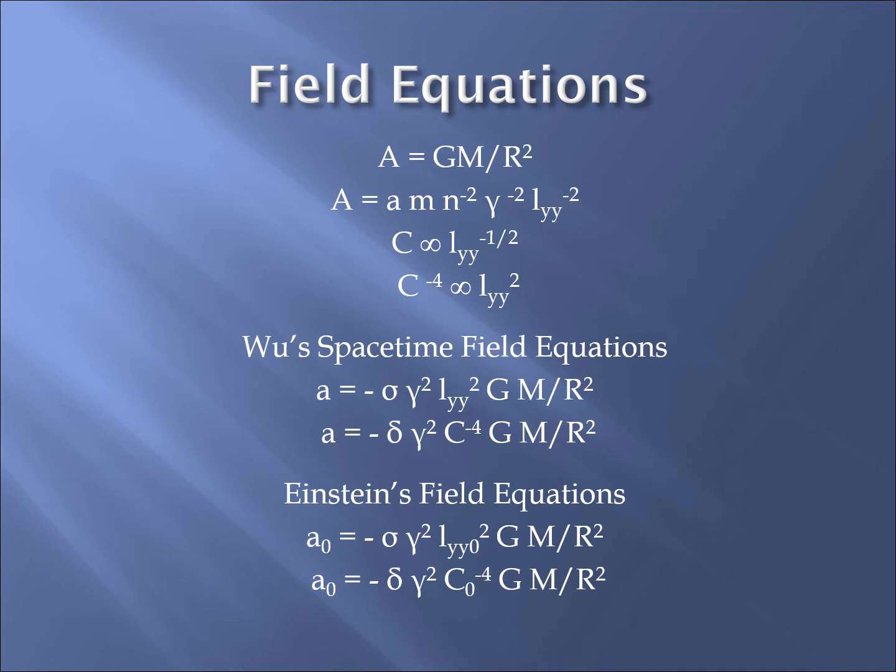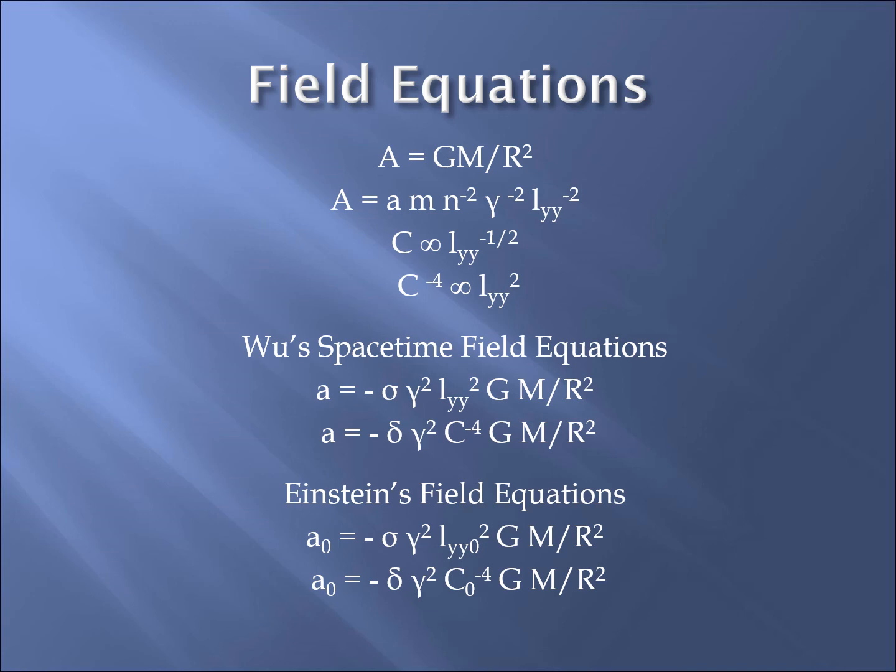Those are based on the reference point on the Lyy. Einstein's field equation, however, is a special case of Wood's space-time field equation, which is based on Earth. So that's why A0 is proportional to Lyy0 squared. A0 is also proportional to C0 to the minus 4.